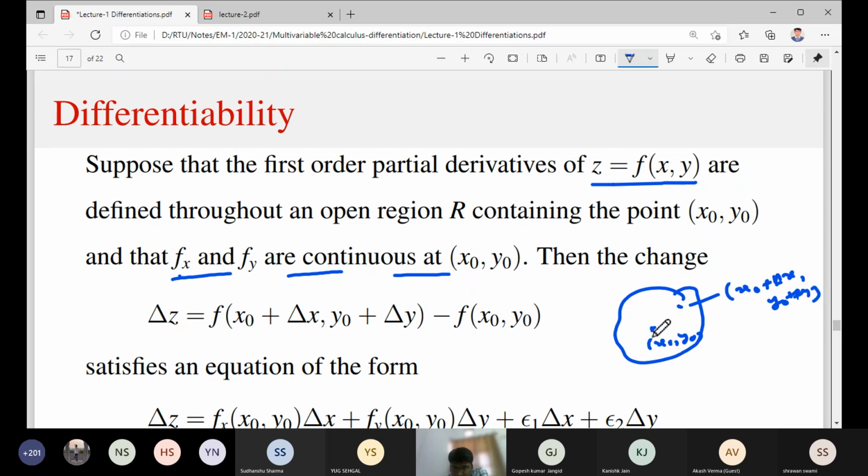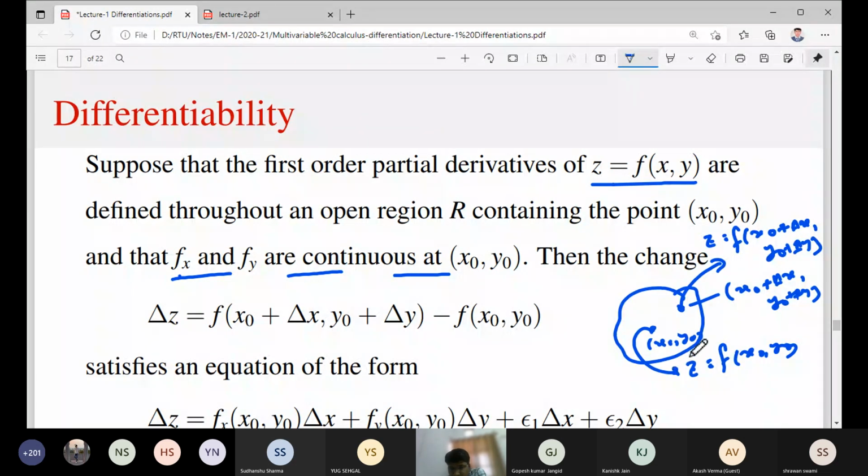So the value of the function at the first point is z equals f(x0, y0), and the value of the function at the other point is z equals f(x0 plus delta x, y0 plus delta y), right? So these are the two values of the function at two distinct points.